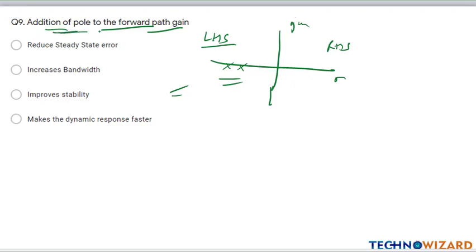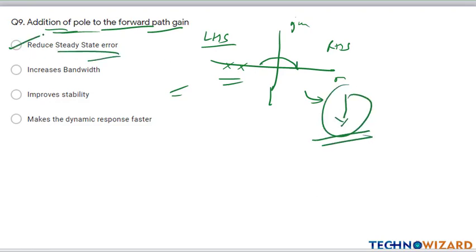But after adding a pole to the forward path gain, the stability moves towards the RHS. Therefore, by adding a pole, the stability reduces. If the stability reduces, the steady state error also reduces. Option A is the correct answer.